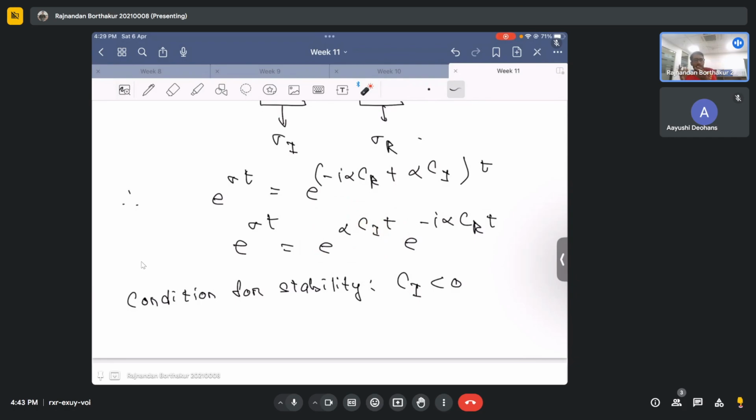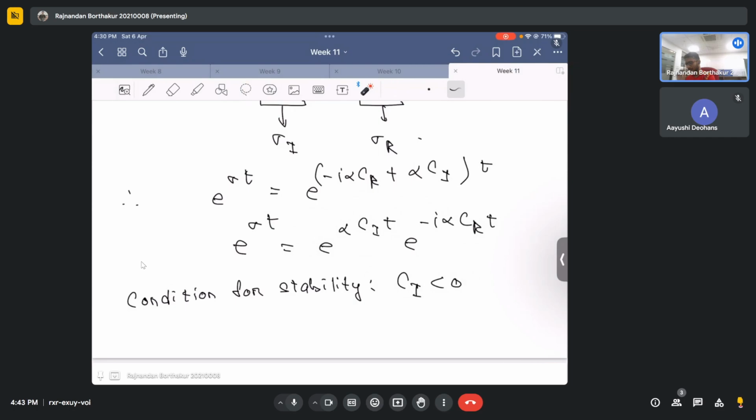The part of the eigenvalue responsible for this is c_i. If c_i is less than 0, e power alpha c_i t would decay, since it is e power minus some positive term, which means the disturbances decay with time. If c_i is greater than 0, it would increase, which is a case of instability.